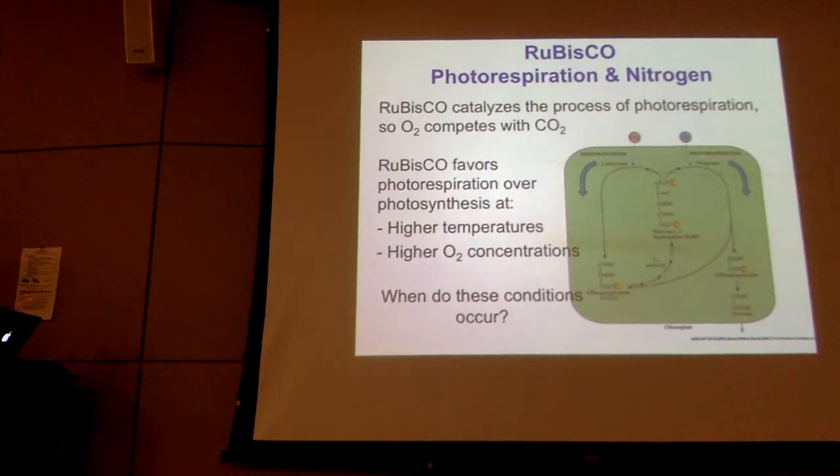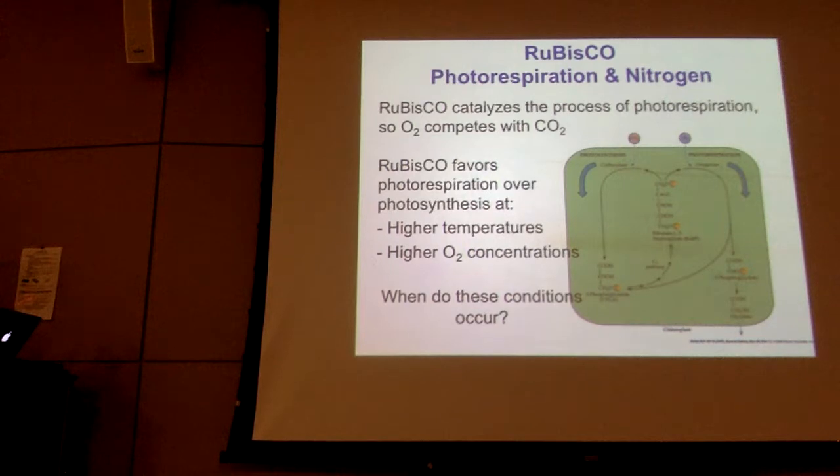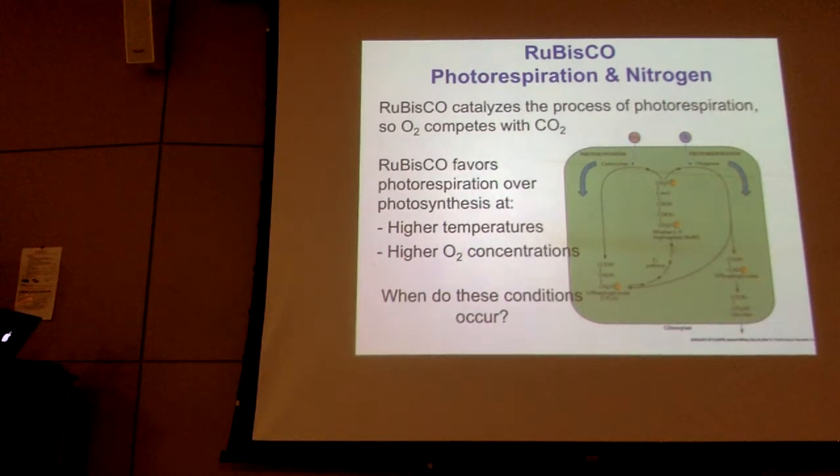Now, photorespiration is not always a bad thing. Photorespiration can prevent damage when there's too much light. When there's too much light coming in and there's not enough enzyme available, or when the heat gets too much because of that light, this process of photorespiration can occupy excess oxygen and cool down the plant somewhat.